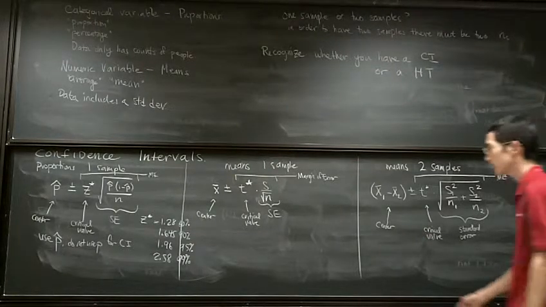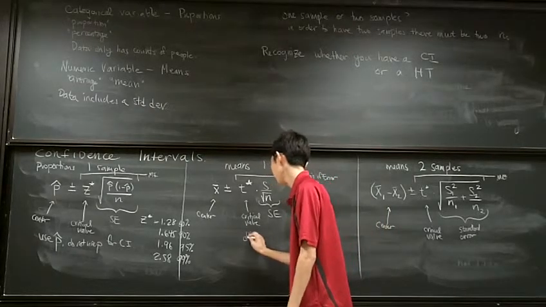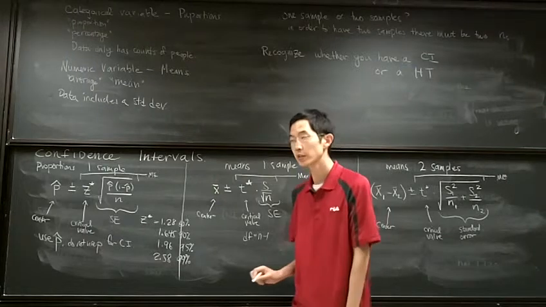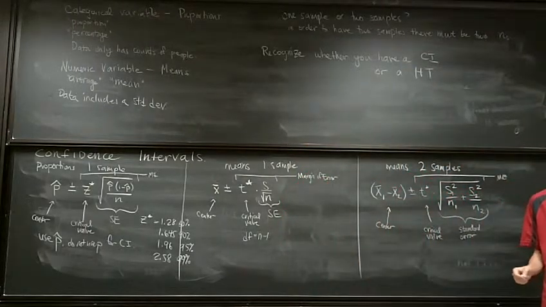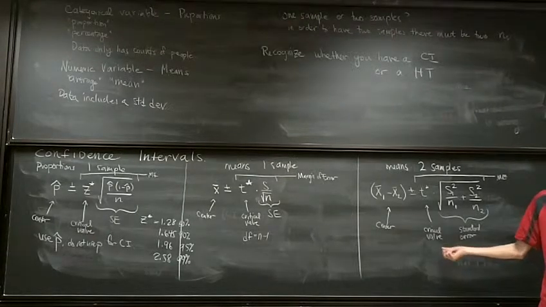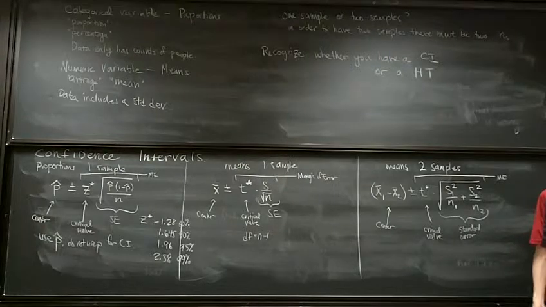For the critical value for means of one sample, the T star, degrees of freedom is equal to n minus 1, always round down, and pick the appropriate column. It says confidence level this, so choose that level or column. What about over here? How do we get our degrees of freedom for means of two samples?